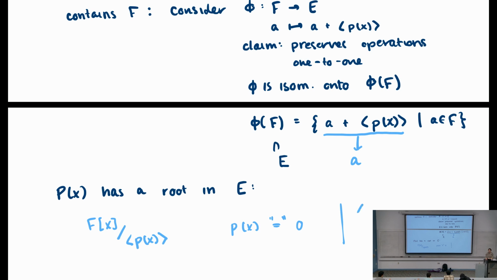So thinking back to the example x squared plus 1, in R[x] mod x squared plus 1, whenever you multiply or add elements, everything acts as though x squared plus 1 is equal to 0, or in other words, it acts as though x is equal to i. So in this setting, x is acting as a root of this polynomial.